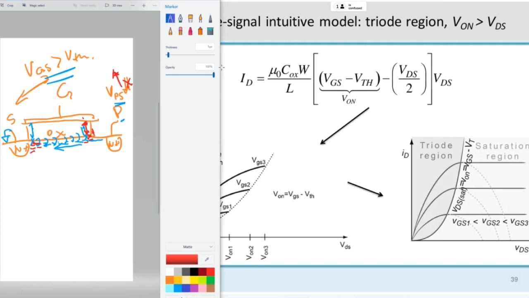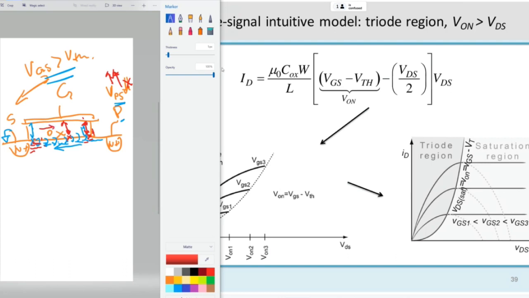But as I move towards the drain, the potential at this interface starts from zero and moves to a high voltage, the drain voltage. So if this potential increases, the gate voltage at this point x along the channel decreases.